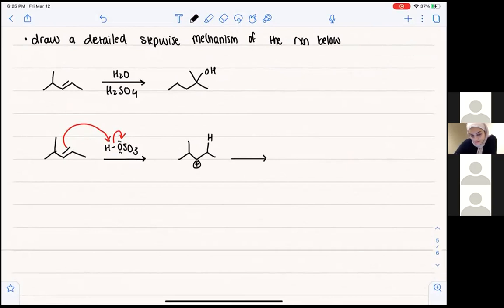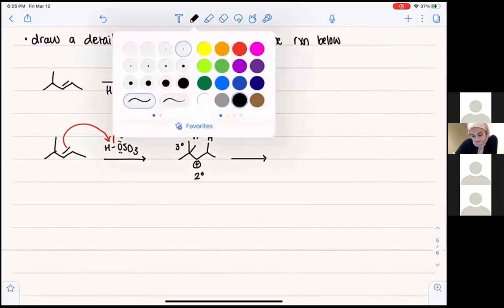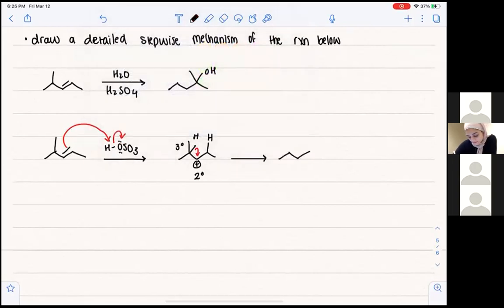And then what do we think is going to happen because it's acid catalyzed? And this is 2 degree, and then this one would be 3 degree. Rearrangement. Perfect. So we have a rearrangement happening. And now we have the plus sign over here and our new hydrogen over there.